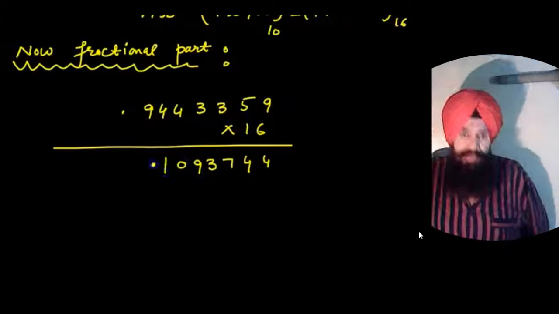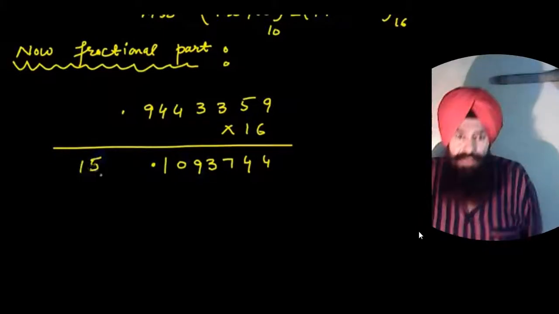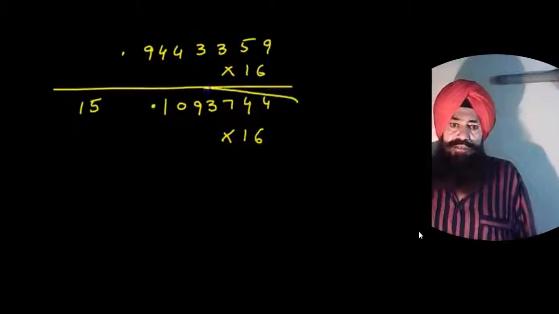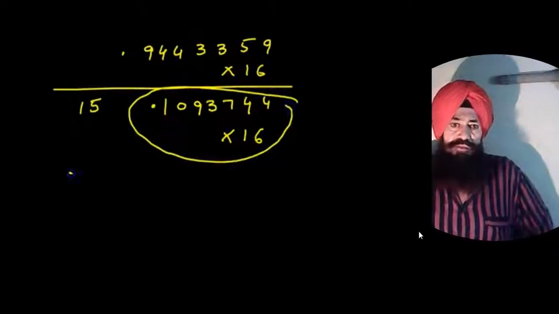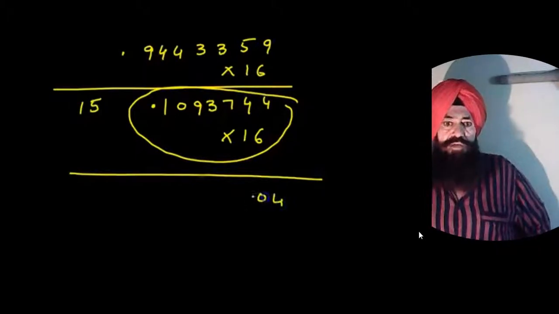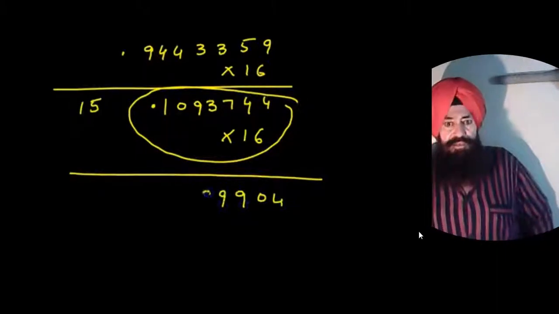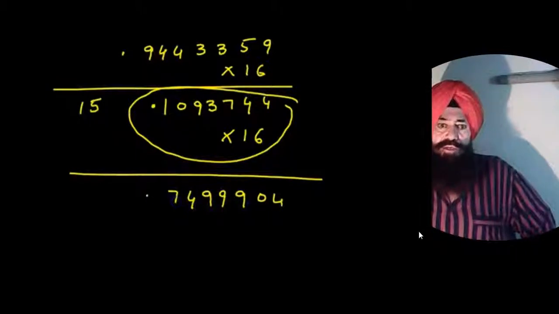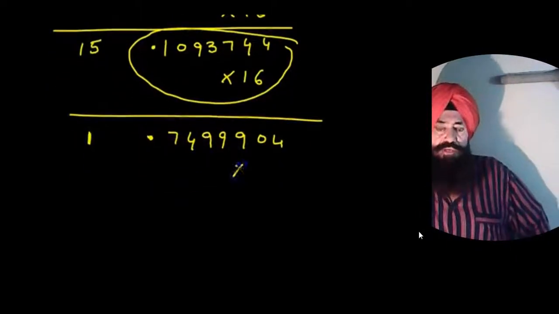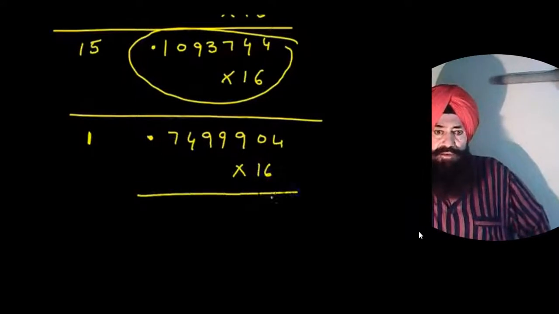It's very easy. So it's 15 point something. 15 is the integer. Again multiply by 16 only the fractional part, not the whole. So you'll get this number. Again multiplying only the fractional part by 16.